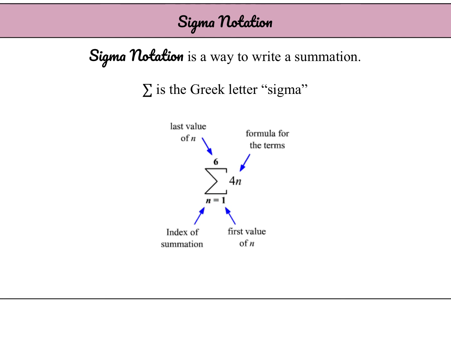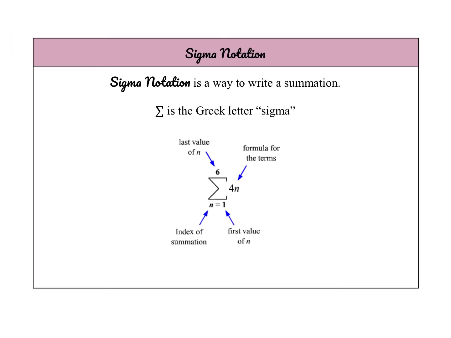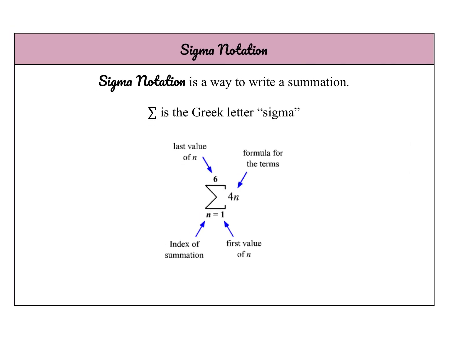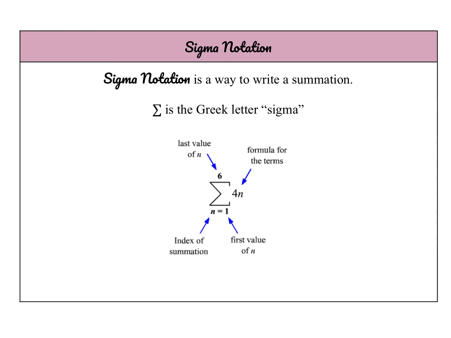On the bottom, we call this the index of summation. This tells you which value we're starting with. So we're starting with the first value in this case, and the number on top tells you the last value of the sum. So for this, we'd be finding the sum of the first 6 terms of this series. We're going to practice evaluating different series when it's in sigma notation.